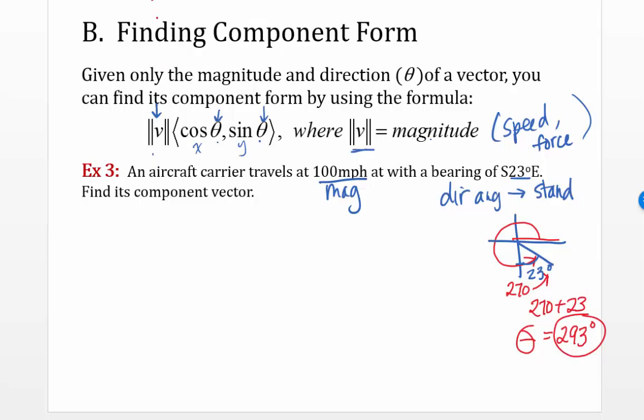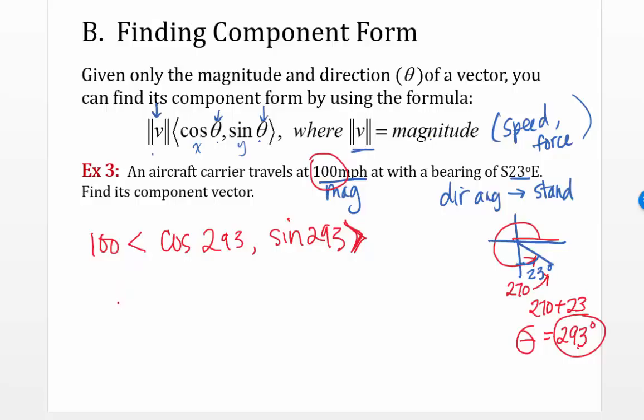So now I can come back to the problem and fill in this formula. The magnitude is the 100. So I'm going to say 100 times the cosine of my standard angle, 293, and the sine of 293. Okay, there you go. Now, all I do is multiply. So I'm going to put in my calculator, 100 times the cosine of 293.